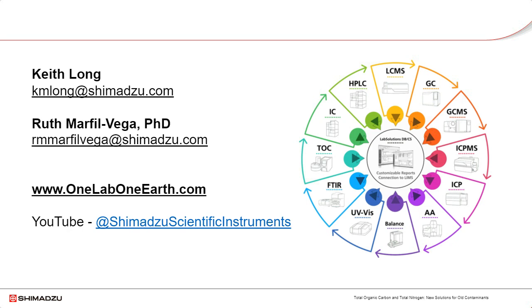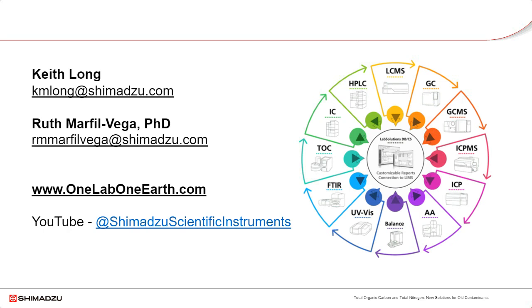Sure. So I'll have to start by saying that there are actually two different model TOC-Ls. We have a high sensitivity model and a normal sensitivity model. So there's slight differences in the instrument. Obviously, the high sensitivity model is for low-level measurement.